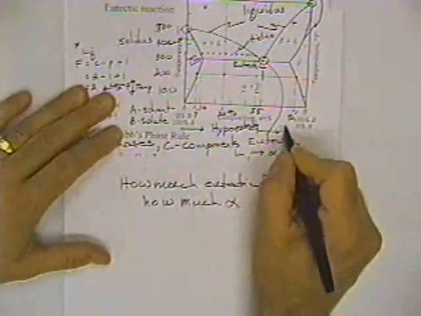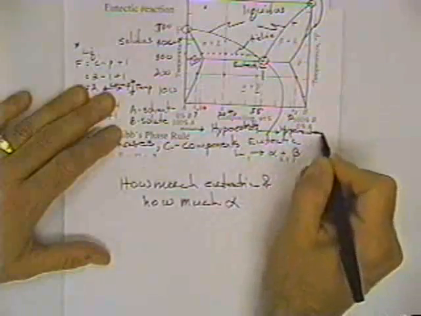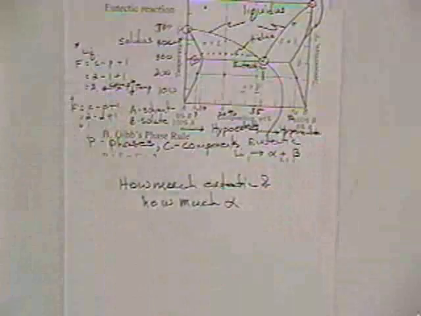This side of the diagram is called hyper-eutectic, so it would have more than the eutectic composition.